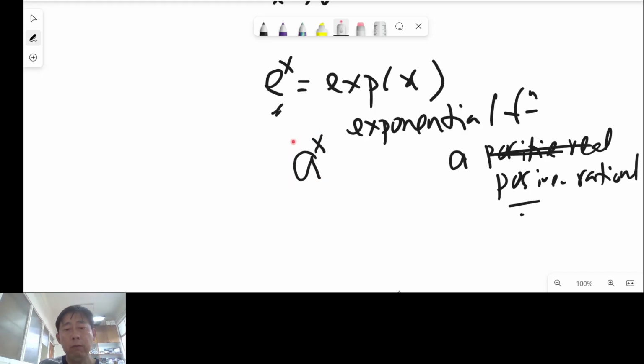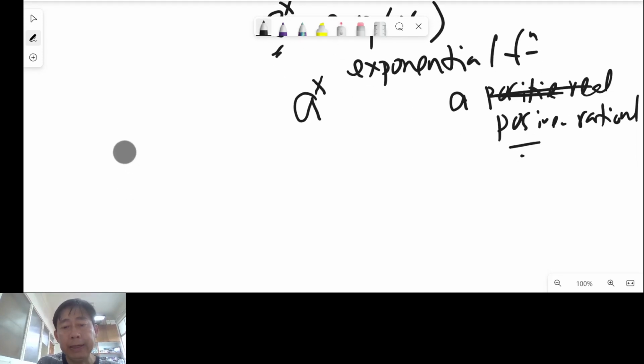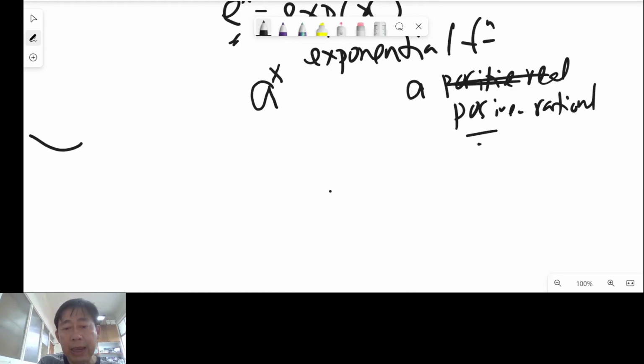So now we would make use of the exponential function to define a general exponential function in which the exponent as well as the base could both be irrational numbers. Now, how to do that? This could be done by rewriting a to the power x into the following form.